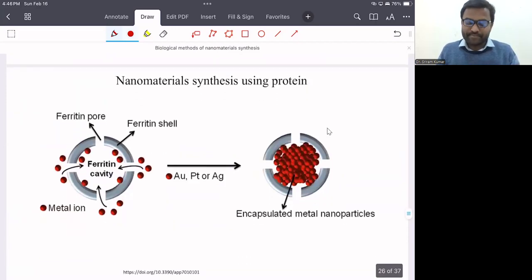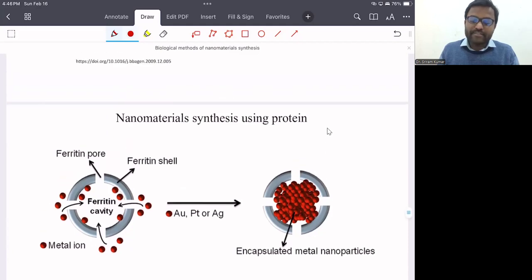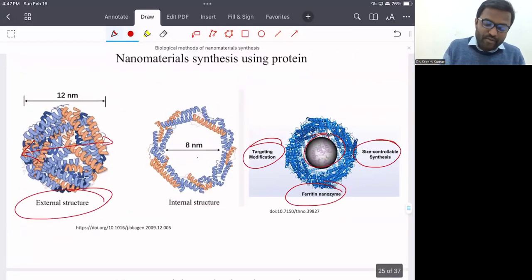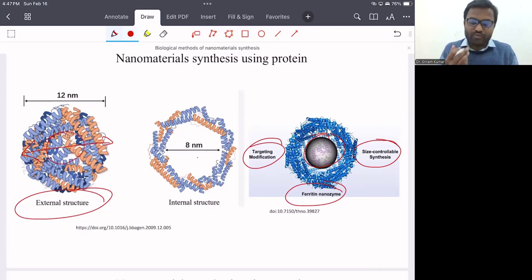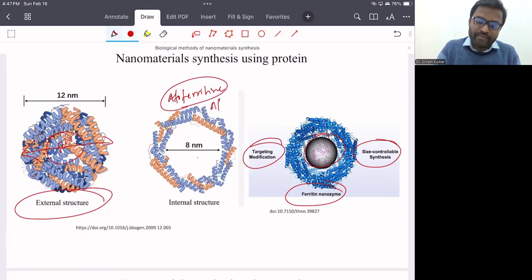Now let's understand the synthesis of nanomaterials using ferritin protein. So what happens here is, this kind of protein is called the ferritin protein, and when you take out iron from inside the protein, because iron is normally present inside of the protein, this structure is called apoferritin, or we can write it as AFT in short form.